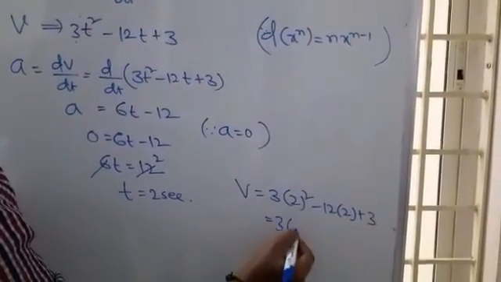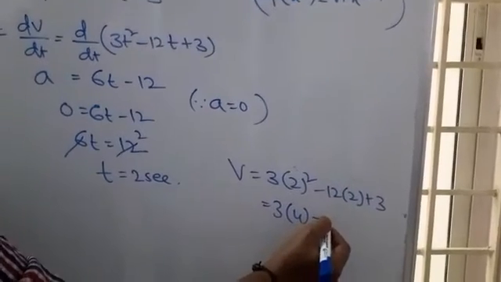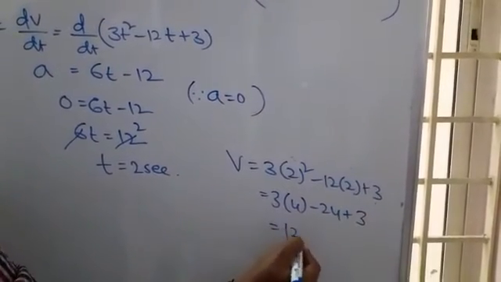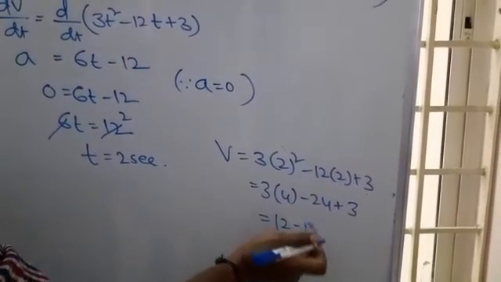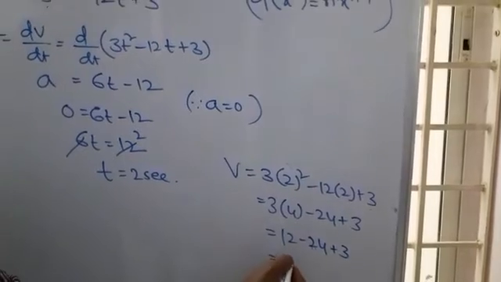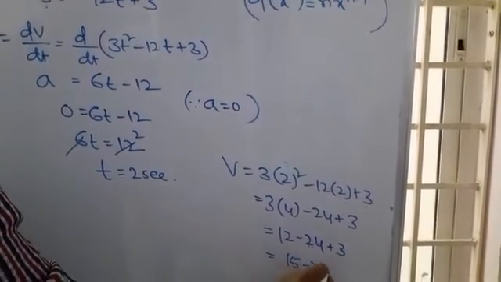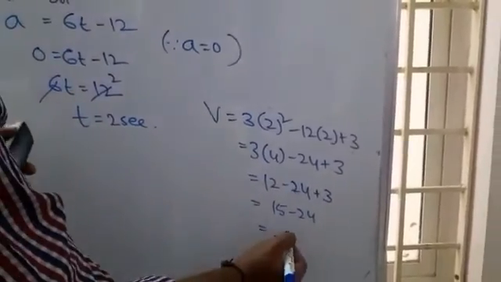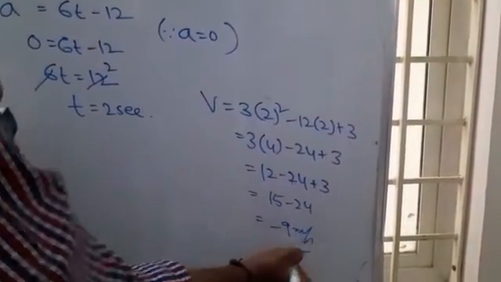So 3 into 4 minus 24 plus 3, that is 12 minus 24 plus 3, which is 15 minus 24. So the velocity is minus 9 meters per second.